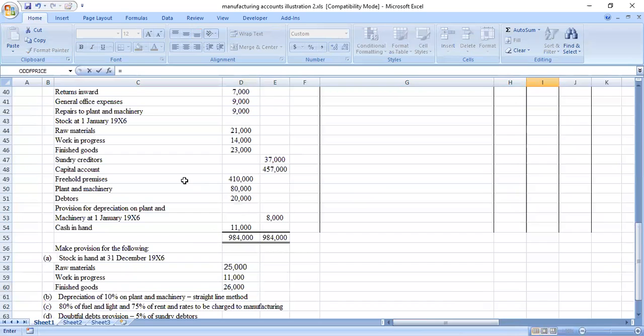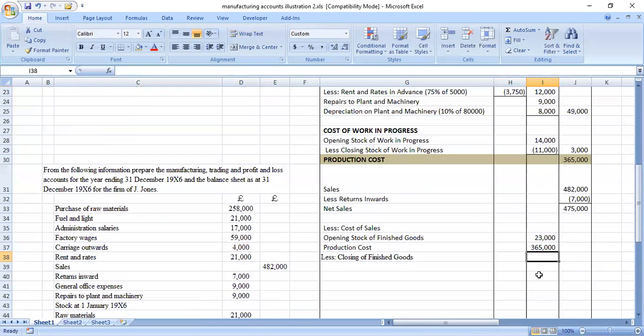Closing stock of finished goods is 26,000. So you put it in brackets to show that you are deducting. So our cost of sales now is equal to the opening stock of 23,000 plus the production cost of 365,000 minus the closing stock of 26,000, which will give us how much? That is 23,000 plus 365 minus 26,000. It gives us 362,000 shillings.